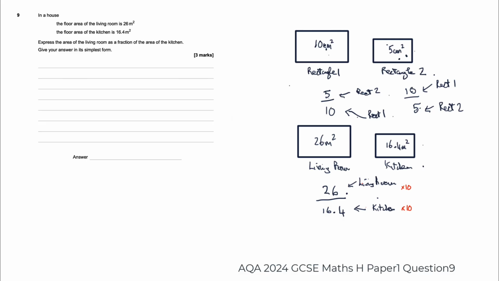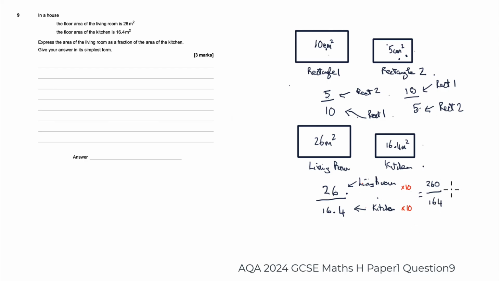Now, the reason we would do that is to get rid of that decimal point. So on the top of the fraction we've got 260. On the bottom of the fraction, that decimal point will move 1 to the right, or alternatively the digits would move 1 column to the left. Very much depends how you're thinking about it, or how you've been taught to think about it.